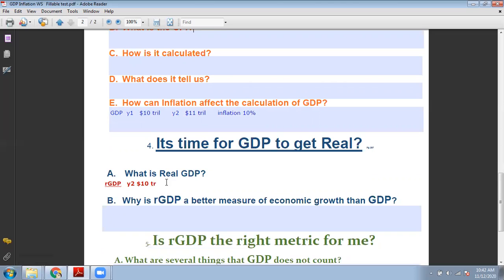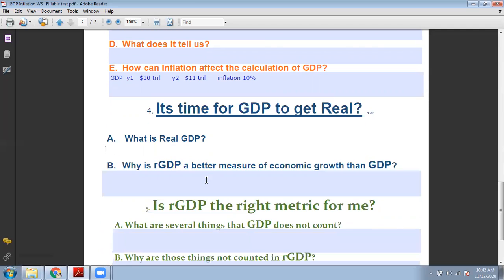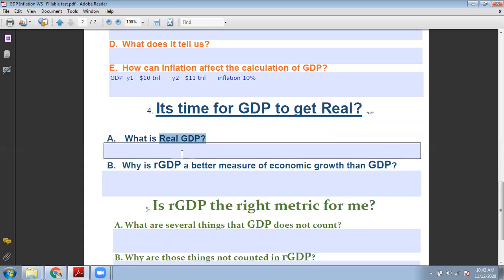So what does real GDP do? Real GDP gives us how much we produced with inflation taken into account. So we know how much we really produced using a base year price level. So that's what we're going to use all the time, is real GDP.